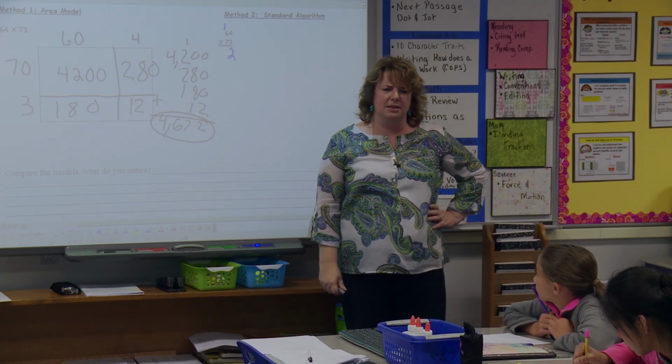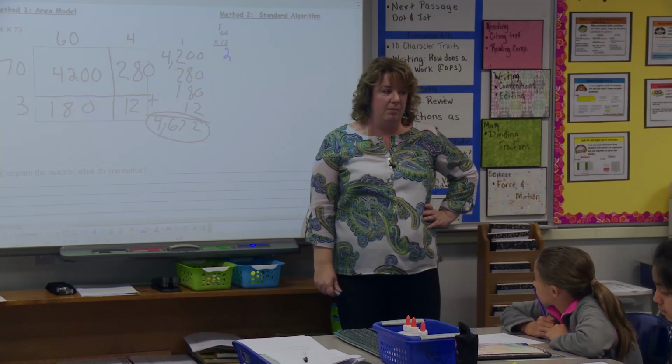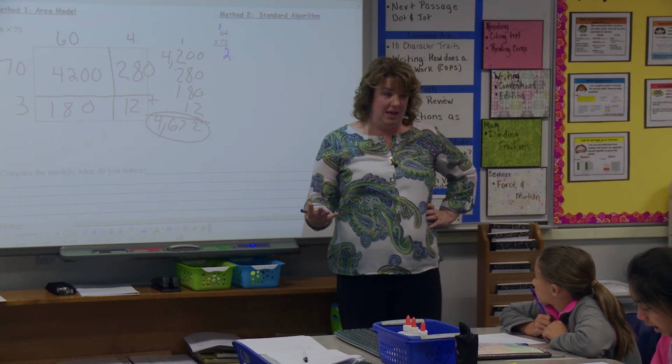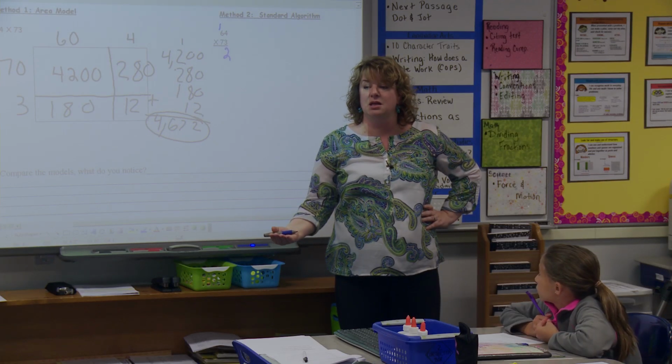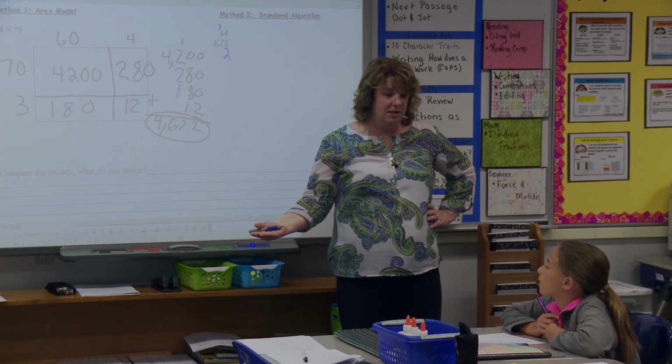Is that correct? No. 3 times 60 is how much? 180, or 18 tens. Plus 1 more 10 is 19 tens, otherwise known as 190.